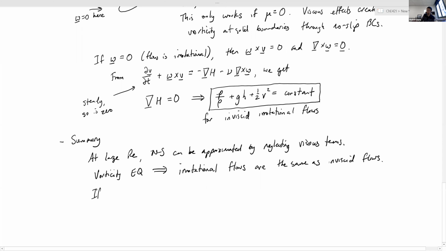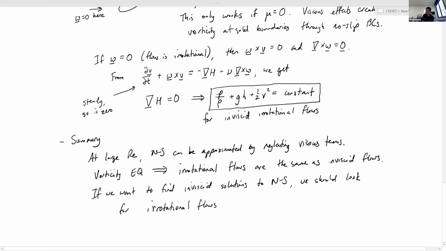So if we want to find inviscid solutions to the Navier-Stokes equation, then we should look for, that is terrible handwriting, irrotational flows.